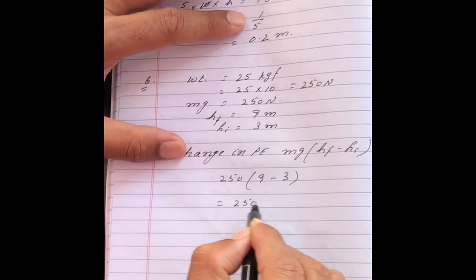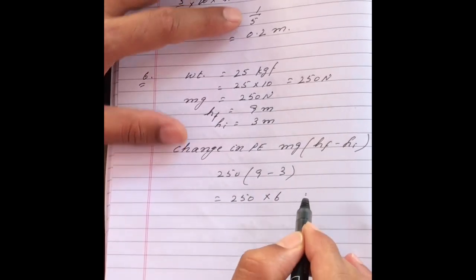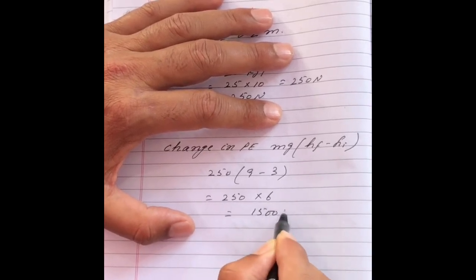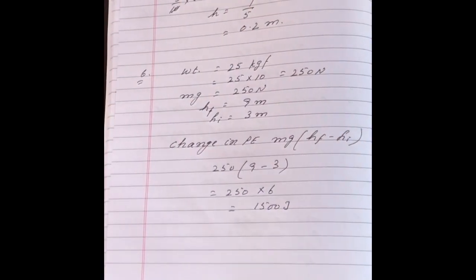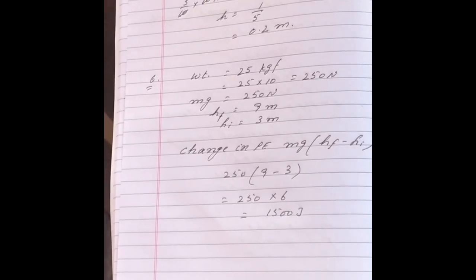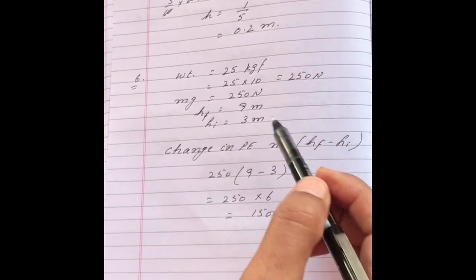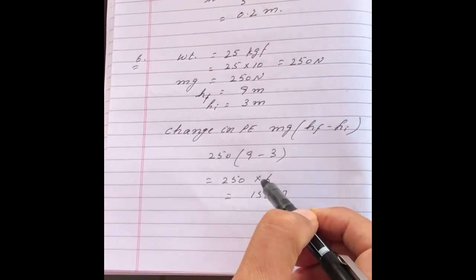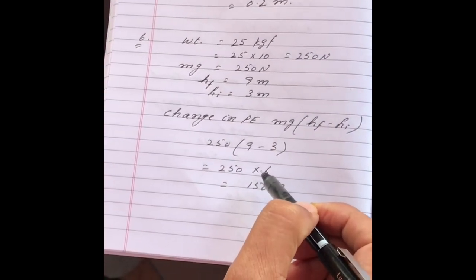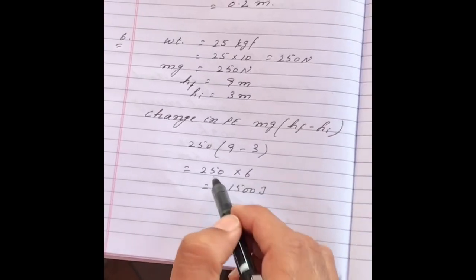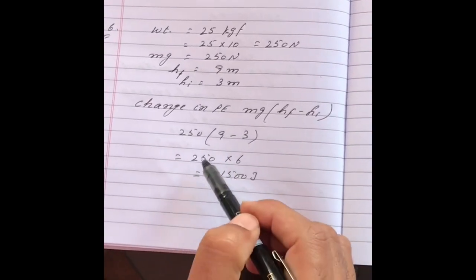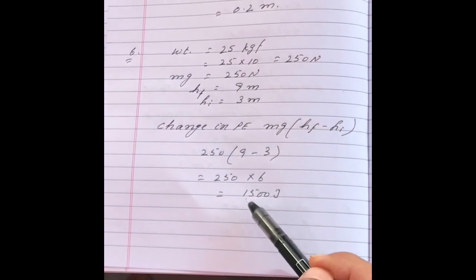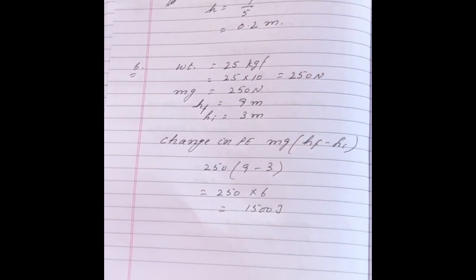So 250 into 9 minus 3, 6. It is 1500 joule. That will be change in his energy. So when he climbs from 3 meter to 9 meter, 6 meter height he covers. For that height increase, energy spent is 250, that is mg into h, 1500 joules.